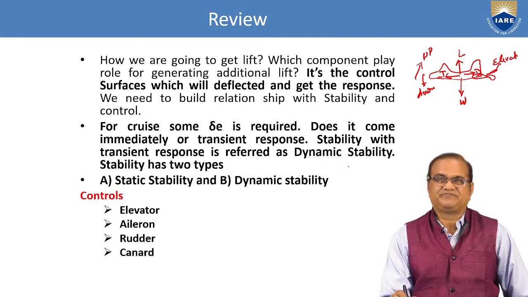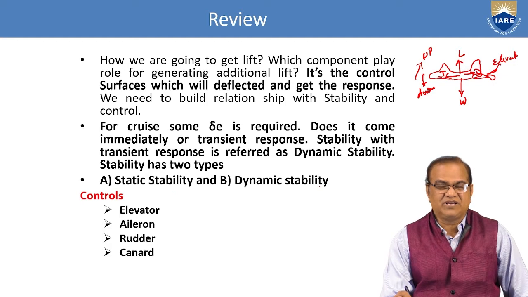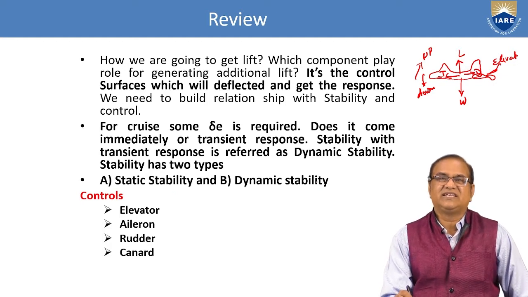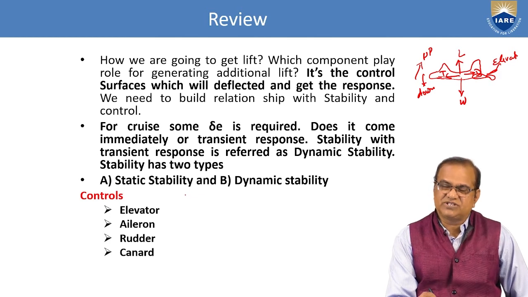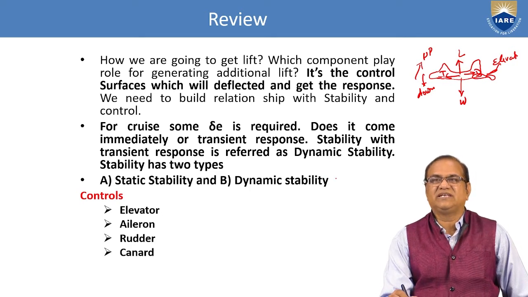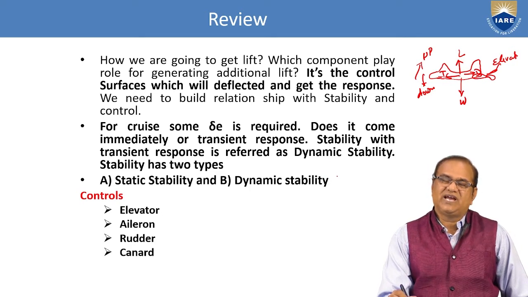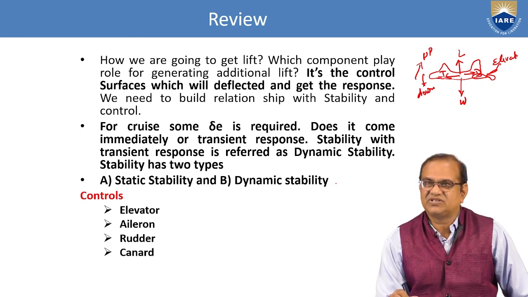It will take some time, but after some time, if it is stabilizing, then we can say that the aircraft is dynamically stable. So we have two types of stability, static stability and dynamic stability, and further these have three types: positive static stability, negative static stability or instability, and neutral static stability. Same way, dynamic stability also has positive dynamic stability, negative dynamic stability, and neutral dynamic stability.